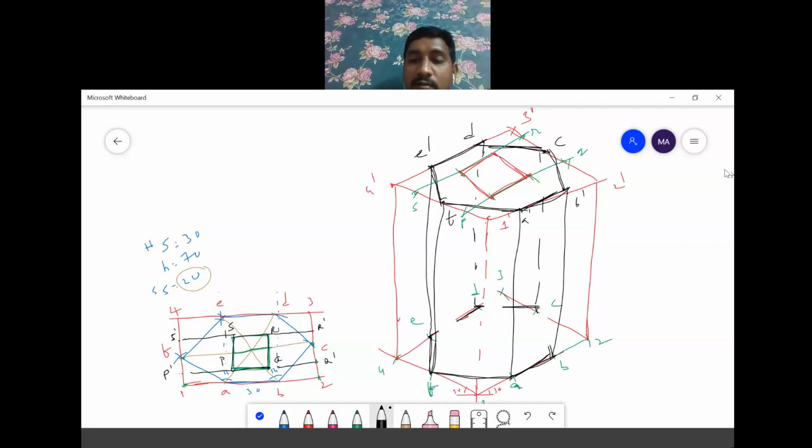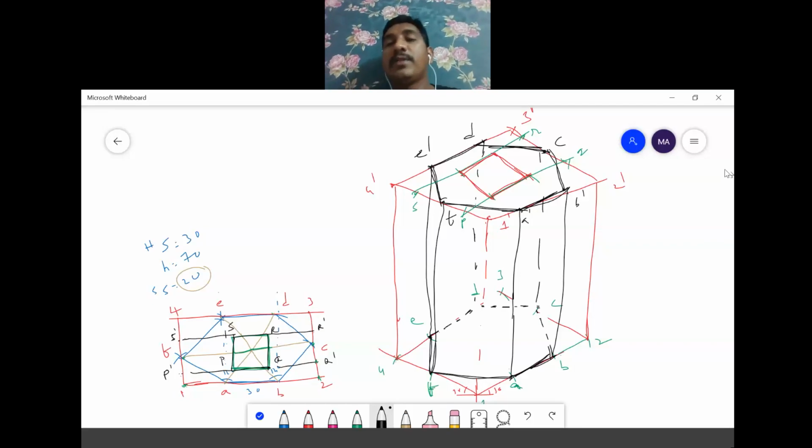These are all dotted lines, hidden lines. These are all hidden lines, and the remaining dark lines are the visible lines.